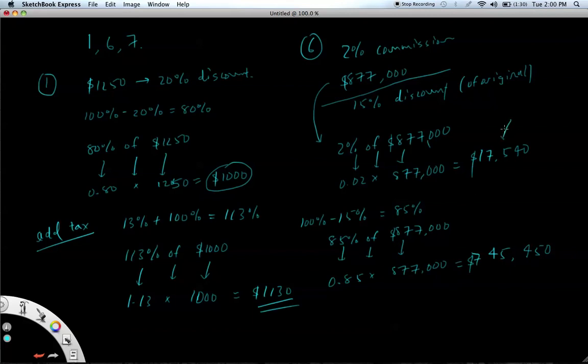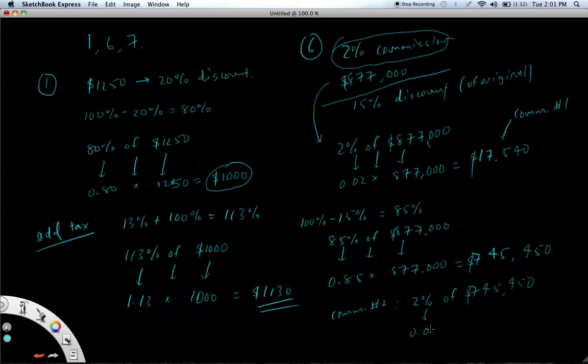Now, the question says how much less commission there is. So let's call this commission number 1. I need to find commission number 2. Because commission 2 is based on the discounted price. So to find commission number 2, what I need to do is find 2%, because the commission is still the same, it's still 2% of the discounted house selling price, which is right here.